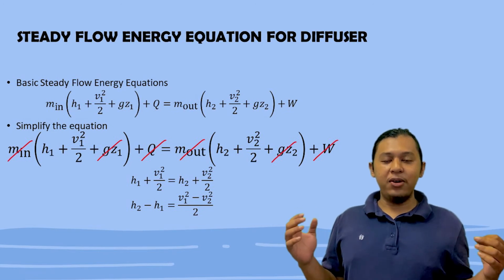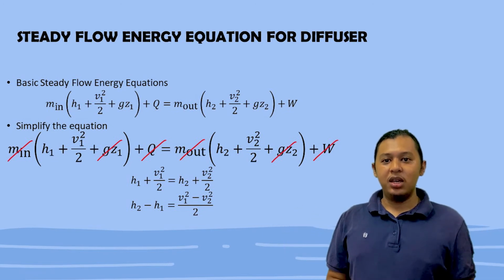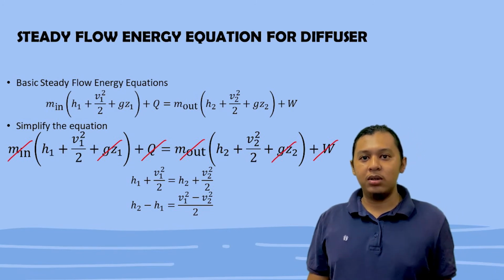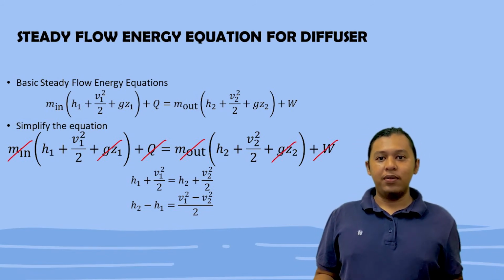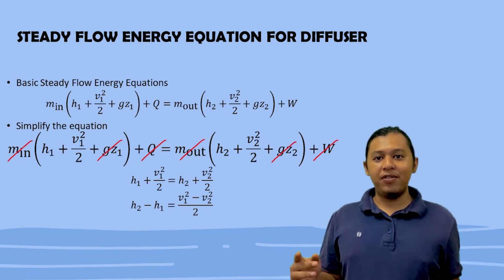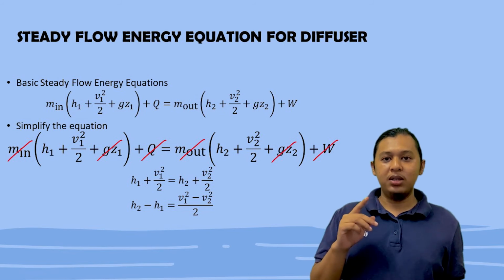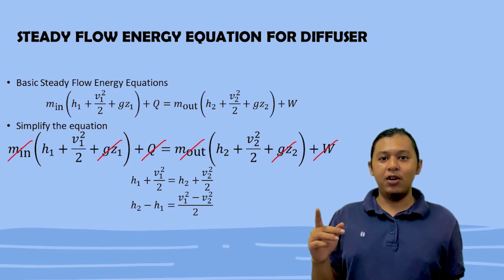And gZ1, which is the potential energy, we can also cancel since its value is 0. From that we are left with h1 plus V1 squared over 2 equals h2 plus V2 squared over 2.